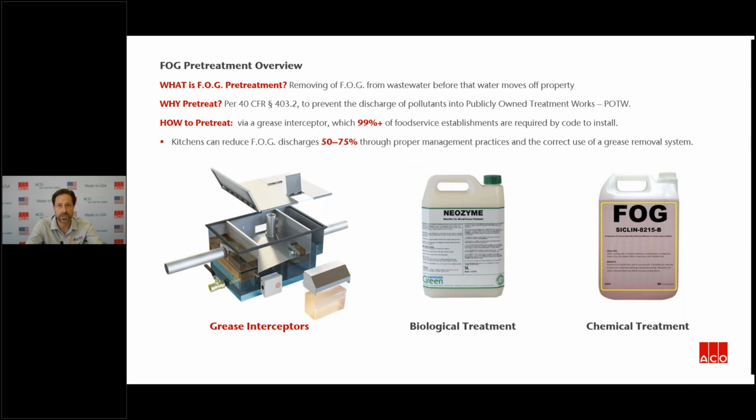And then there are also chemical treatments. The reason that biological and chemical treatments are not necessarily used is because in some respects, they can also cause issues in pipes, and in some ways can also be a pollutant, right? So really the industry looks very much at the mechanical, the actual physical technology of interceptors to deal with grease at the source.